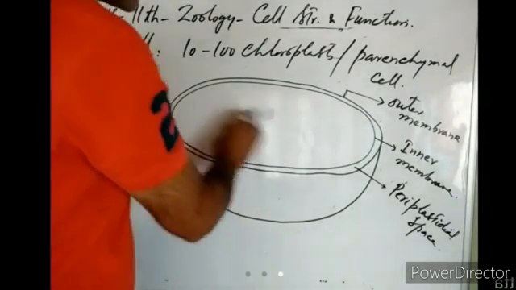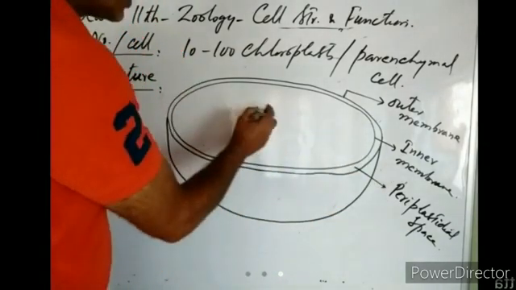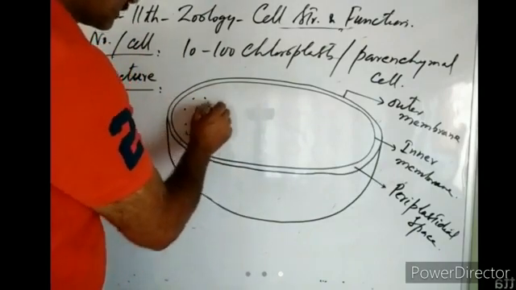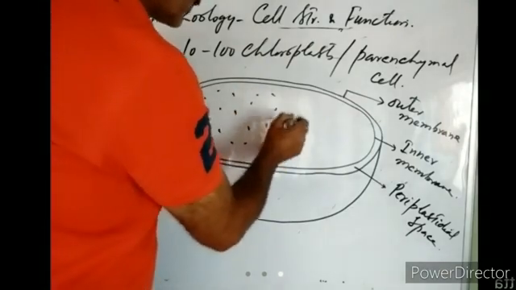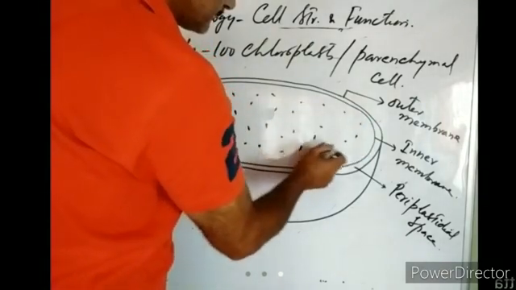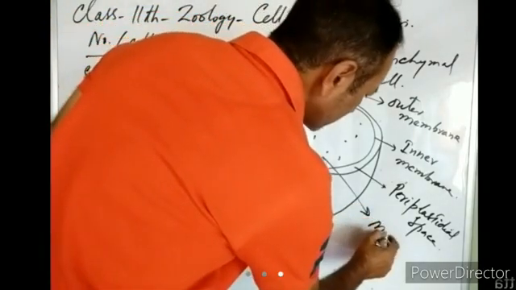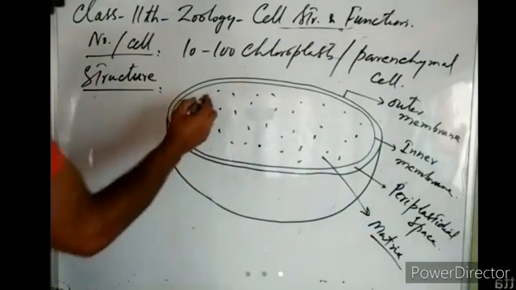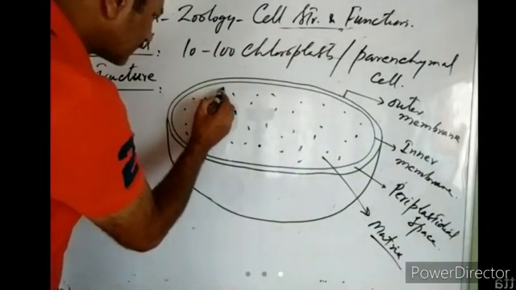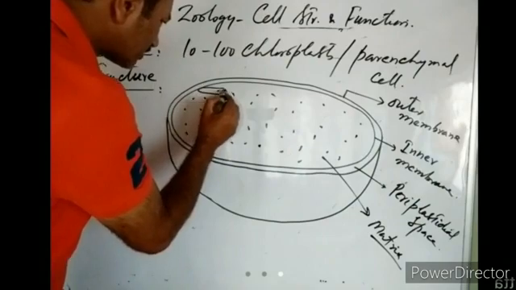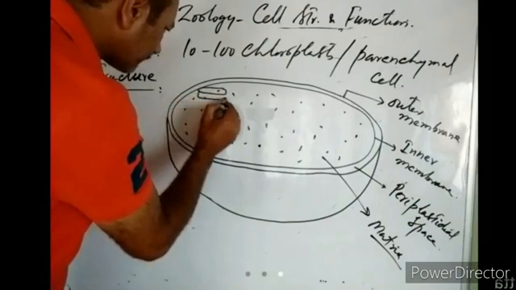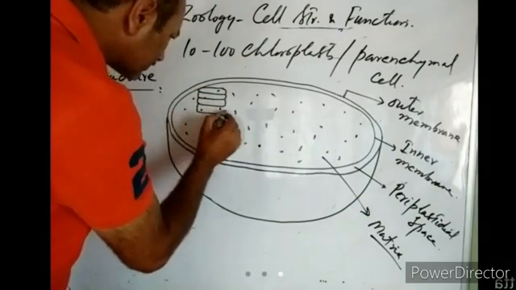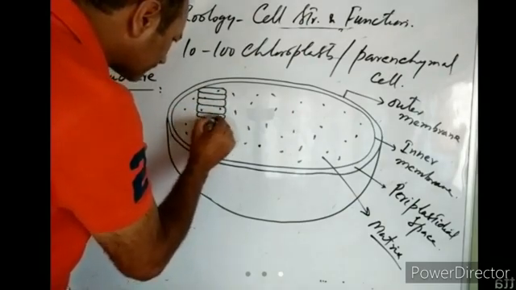Then inner to this inner membrane, there is a fluid-filled space. This fluid of the chloroplast is known as its matrix. This is the matrix of the chloroplast. In this matrix of the chloroplast, we find some sac-like structures stacked upon each other. So we find stacks of sac-like structures.